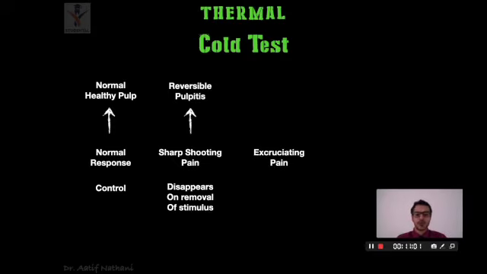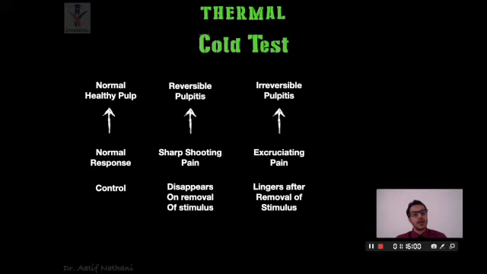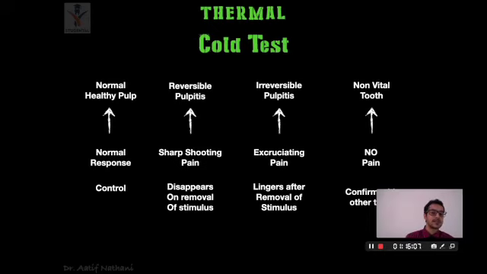If there is excruciating pain which lingers after the removal of stimulus as well, that's an indication where you can say that the pulp is in an irreversible pulpitis stage. If there is no pain at all, that's an indication towards non-vital tooth.